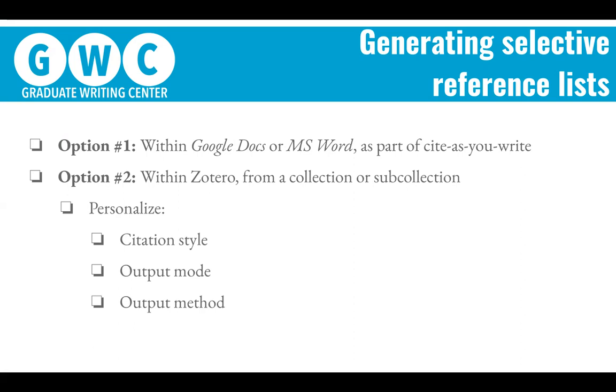The second option, though, is within Zotero from one of your library collections or sub-collections. Option number two allows you to further personalize the style that you're interested in, the particular output mode, as well as the output method. So for this webinar, I will be just kind of going over these two options, and then I will perform a live demo at the end.